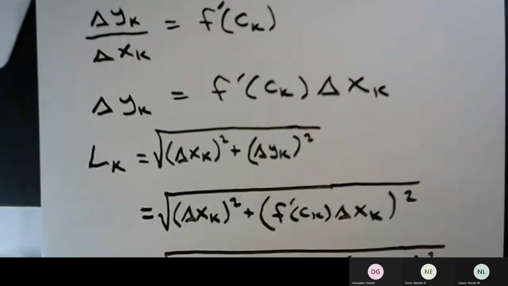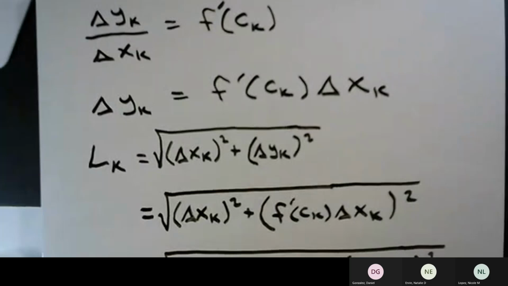And so what we're going to find, and we've talked a little bit about this in that section on differentials, is that for the differential length on a curve, we can solve for ds. We get that ds is the square root of 1 plus dy dx squared dx.